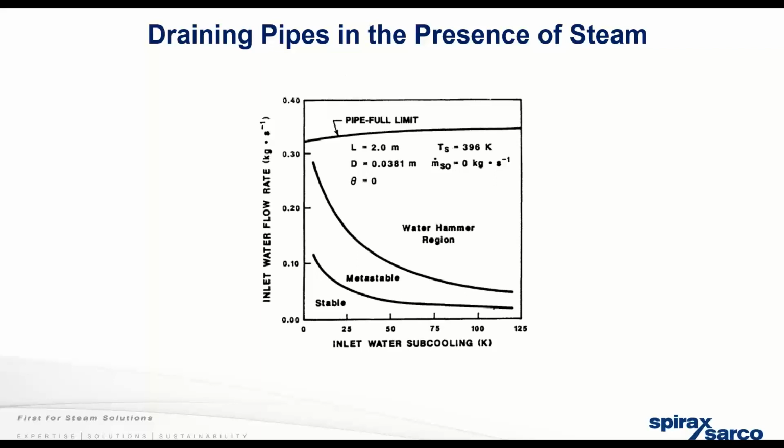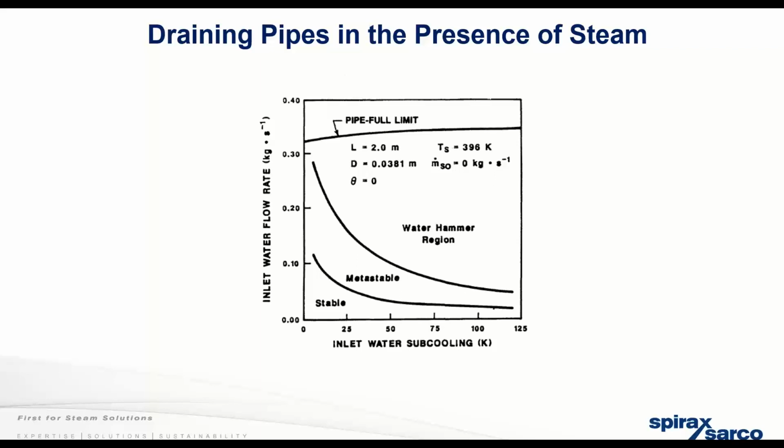On the x-axis, we have temperature differential increasing, so basically subcooling of our condensate. So if we have little or no temperature difference, and we're at the bottom of that curve or plot, we're in a stable zone. We don't really have water hammer.